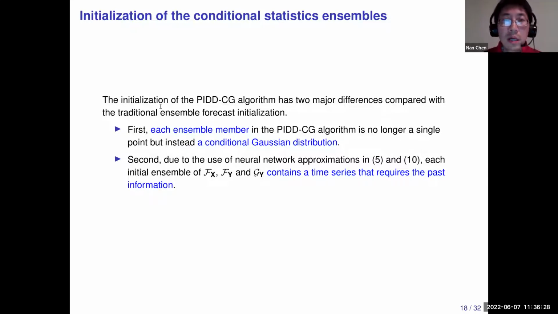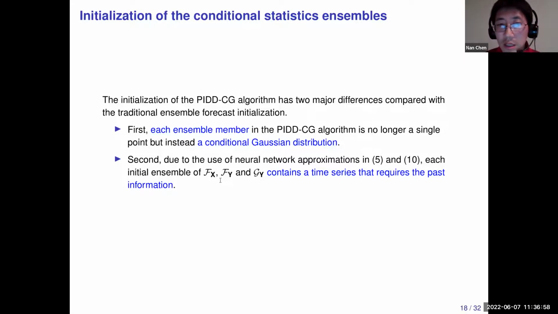First, recall that what we use here as each ensemble member is not a single point, but instead a conditional Gaussian distribution. So initialization will be different. And second, because we use neural network approximations for both the closure model of X and for the approximations of the moment equations, how to do the initialization of this neural network will also be another important task.